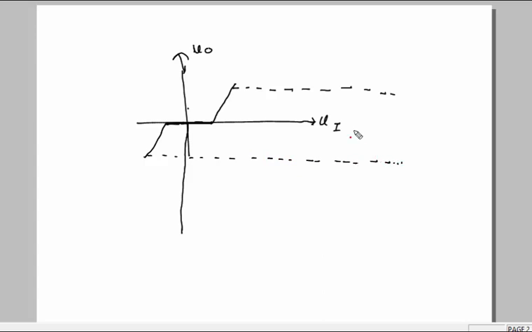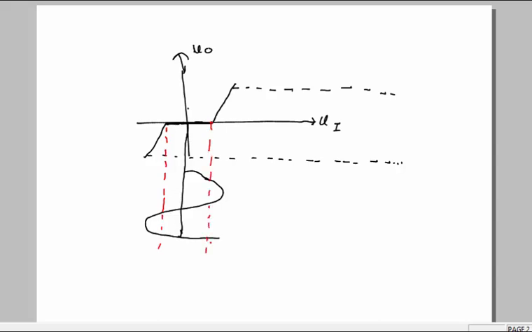Suppose this is the input we have applied, a sine wave. Because of this, in this region of the input, V0 is 0.